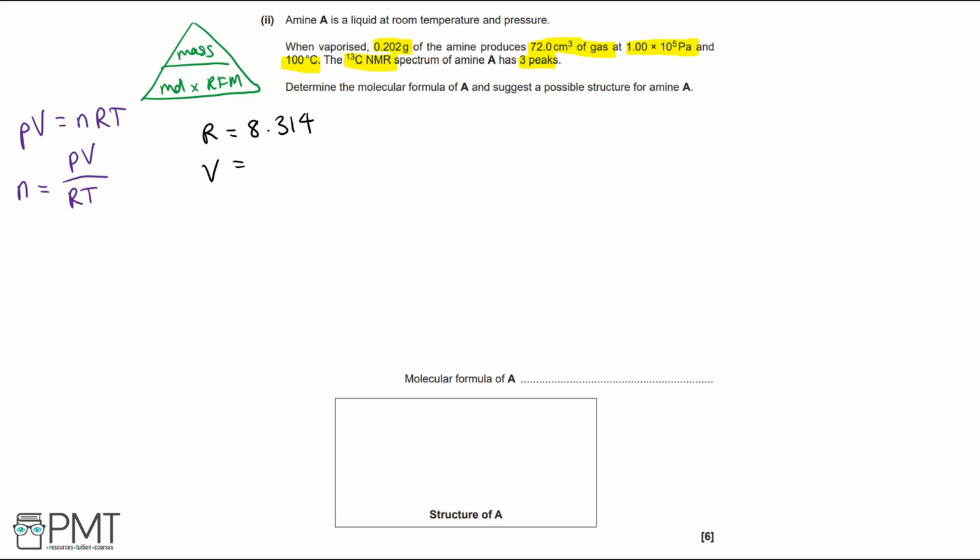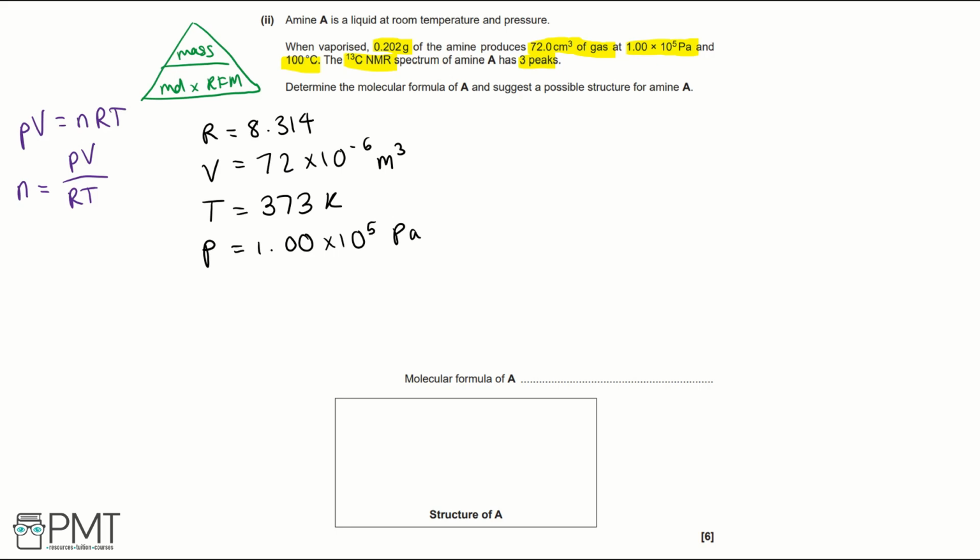Then V is 72 times 10 to the negative 6, and that's because you're converting centimetres cubed into metres cubed. And then temperature needs to be in Kelvin, so it's going to be 373 Kelvin because we've added 273 to 100. Then we can work out P, well, we're already given it, it's 1.00 times 10 to the 5 pascals.